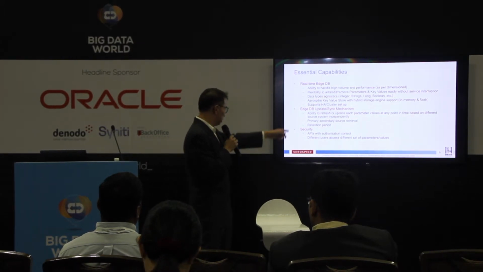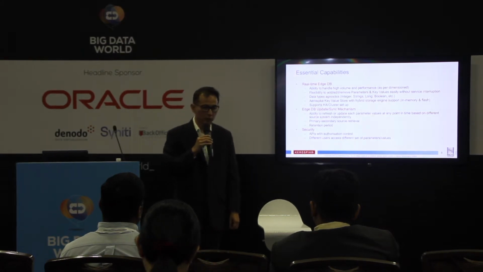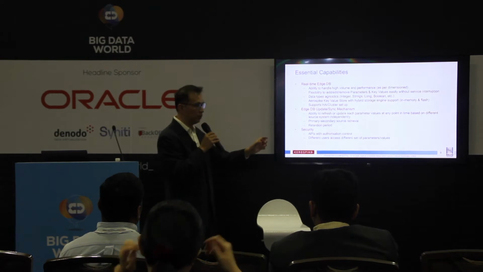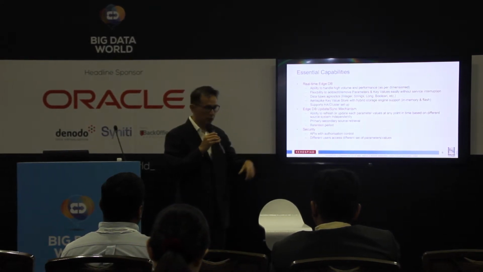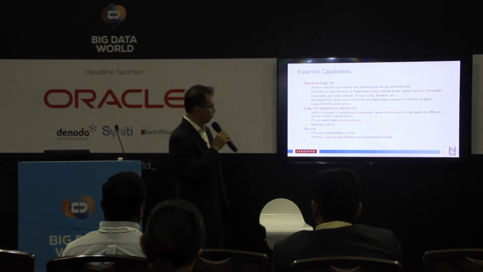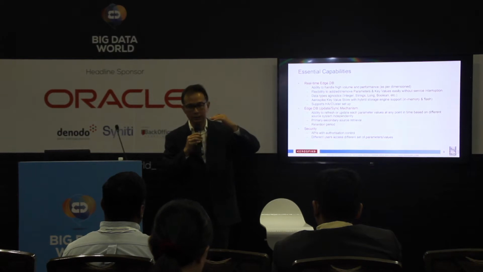And it also has a retention period whereby you can set an expiry period. Anything within the expiry time frame, the data will be fetched from the data portal. After the expiry time frame, the data will be deleted.